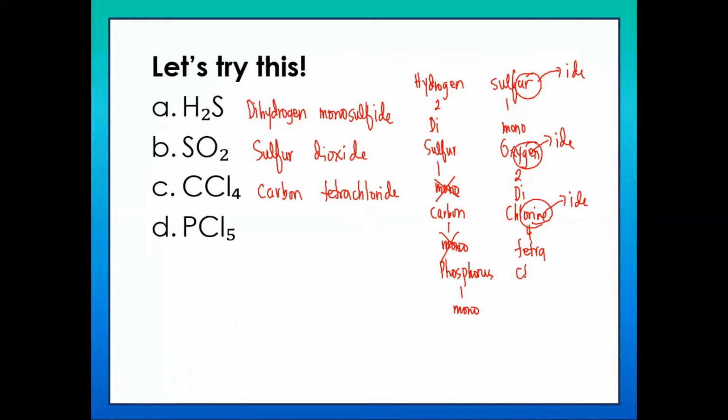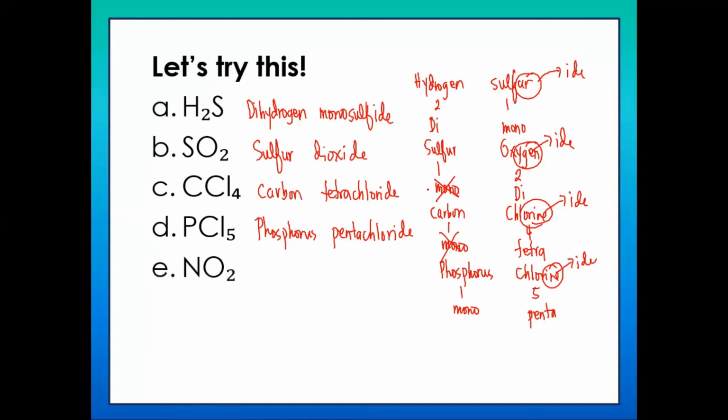Cl is still chlorine. How many atoms? 5, that is penta. Change the suffix into ID. So that means, putting all together, we have phosphorus pentachloride. Okay? So, it seems it's getting easier for us.